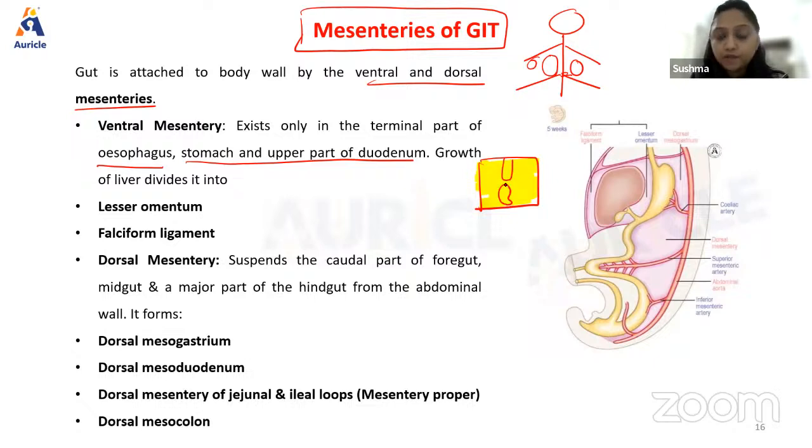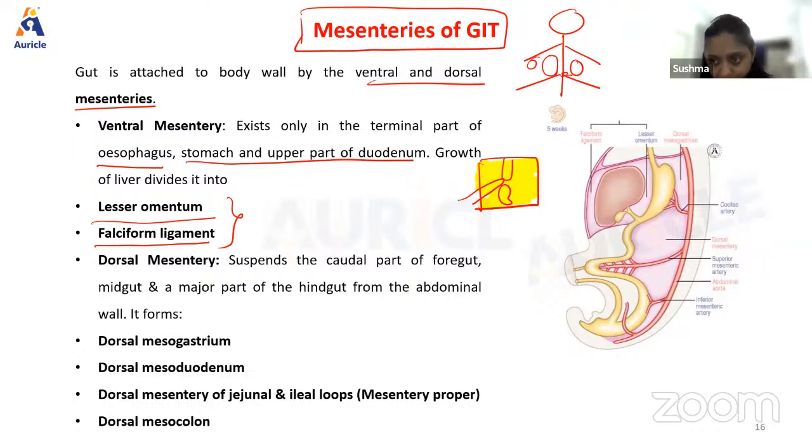But I also have a liver which is developing like this. This developing liver divides the mesentery into the lesser omentum and falciform ligament. Very, very important. There is one ventral mesentery covering the body wall and attaching different organs like esophagus, stomach, and upper part of the duodenum. But the liver divides it into lesser omentum and falciform ligament.